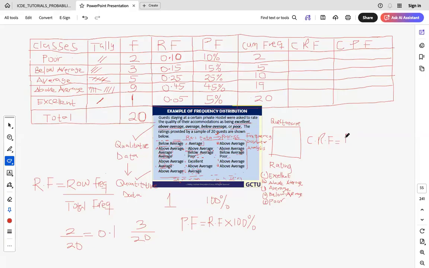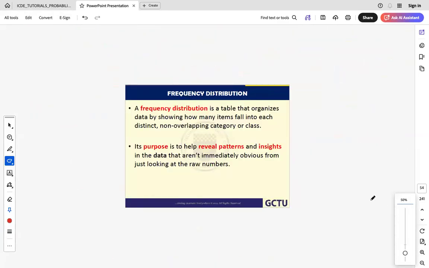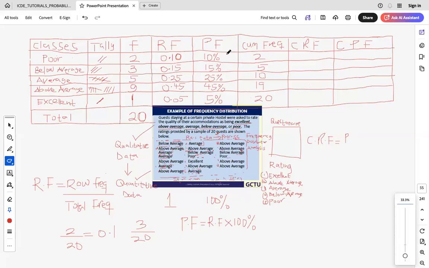Yes, sir, please, sir. Can you go back to the cumulative frequency? Yes, so for those of you who have forgotten how it is done, sorry, let me go back to the screen. I'm saying that for the cumulative frequency, you pick the frequency here, the first row, and then you repeat it.